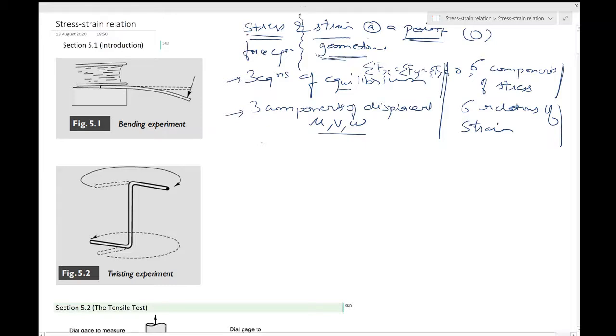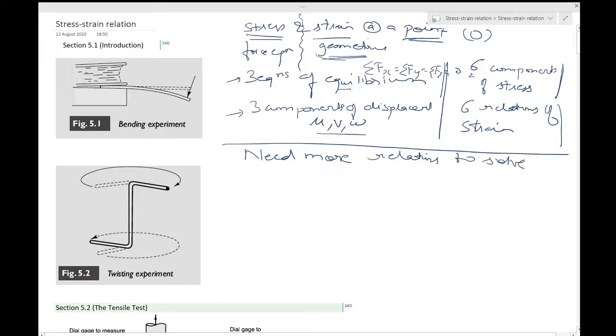So what this tells you is that you need more relations to solve for the stress sigma ij and strain epsilon ij.